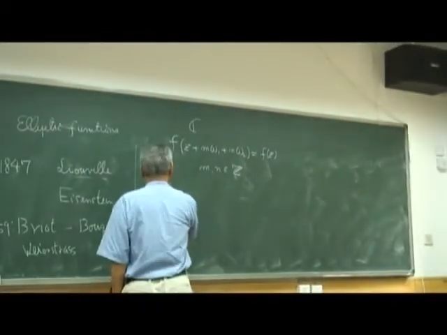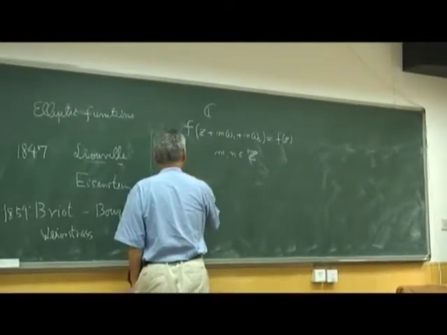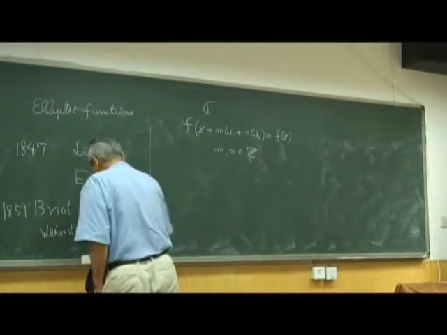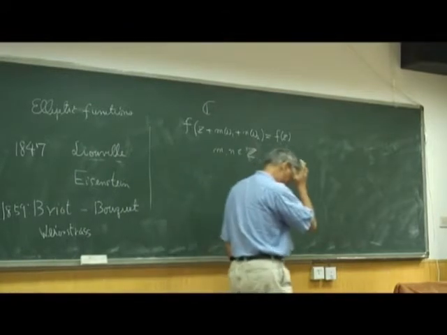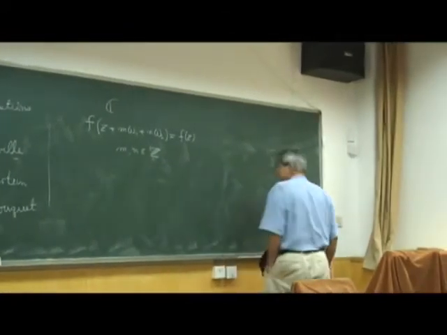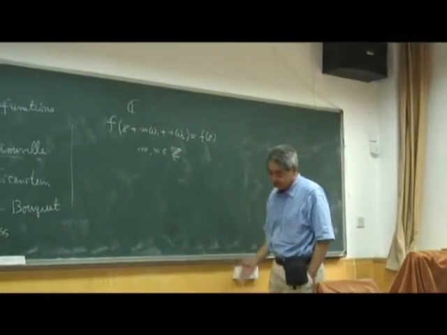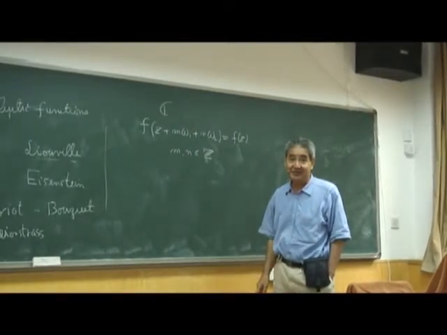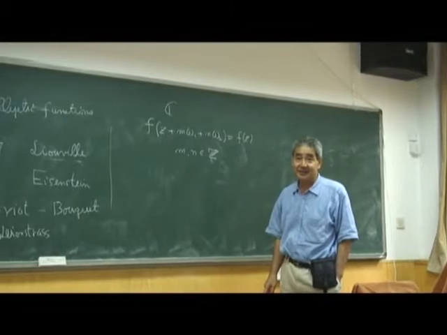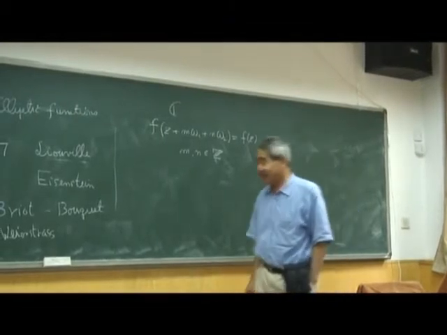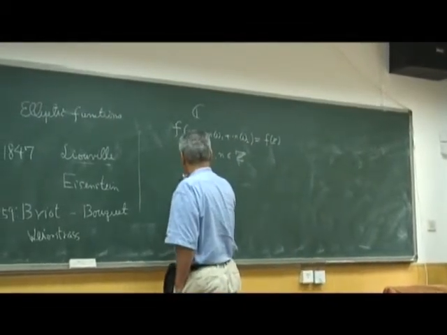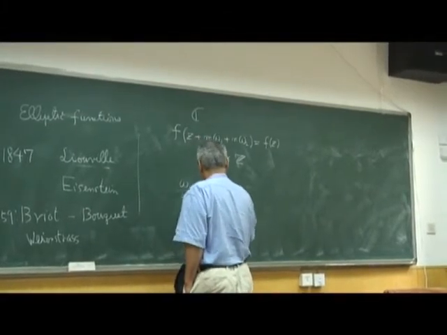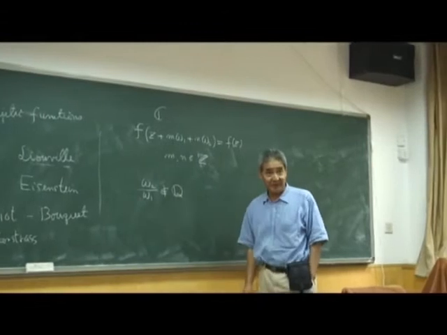So Liouville started. No, before, sorry. I said that we have an independent period. What does it mean, independent? So first of all, independent means that omega 2 over omega 1 is not a rational number.